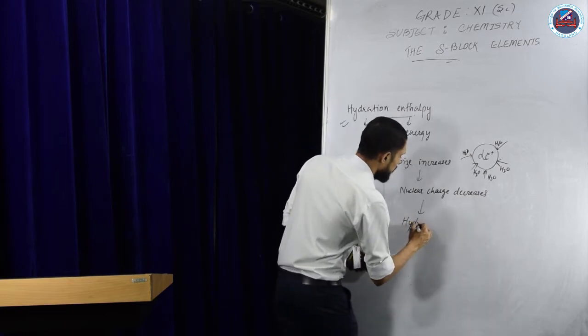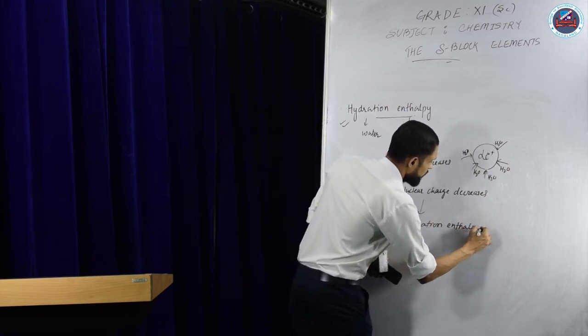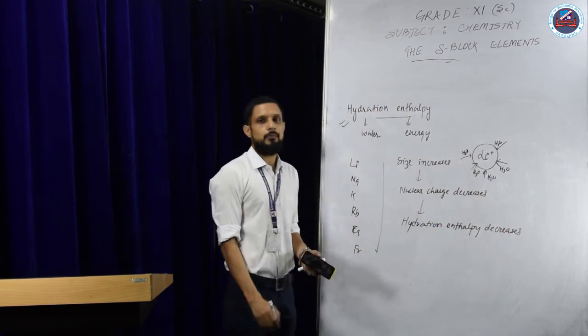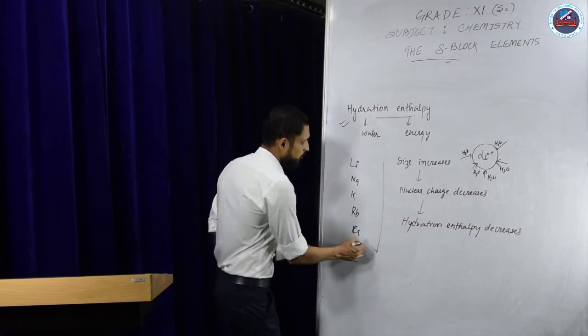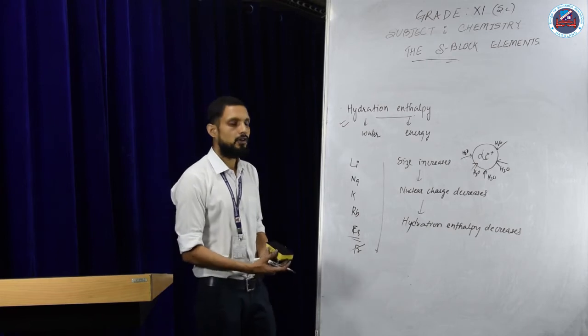So in that case, hydration enthalpy decreases. So we can say lithium will have the maximum hydration enthalpy, and francium, or if you ignore francium, cesium will have the minimum hydration enthalpy.